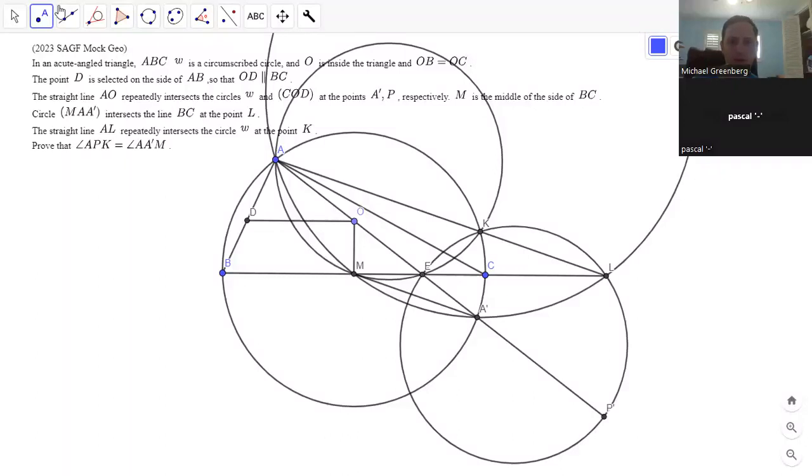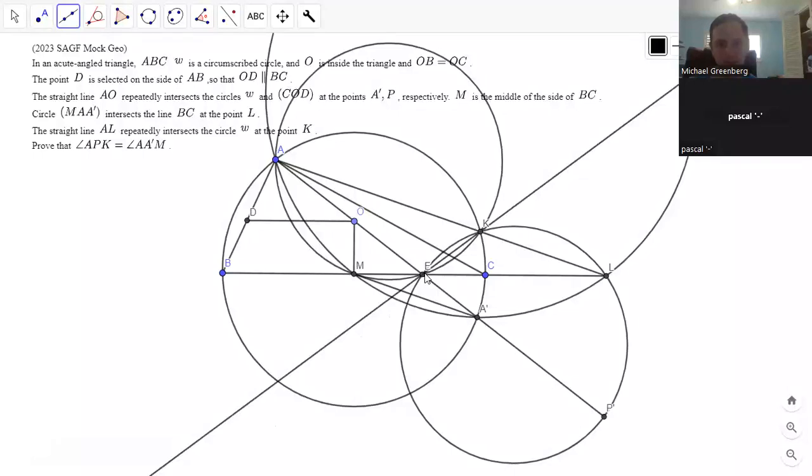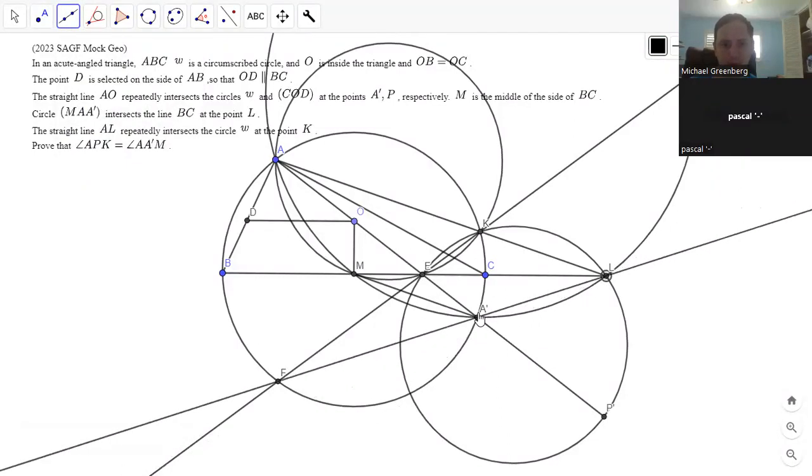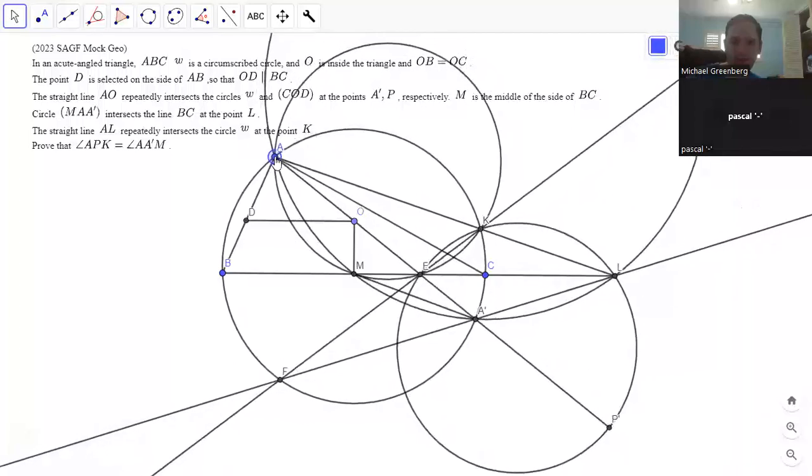So I think that would mean we draw KE. I wonder if KE and LA prime concur on this circle. I don't know if that's just an angle chase.